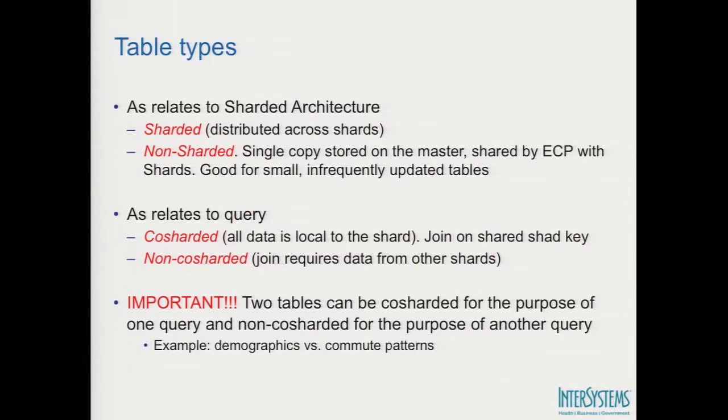In this case, the table would sit on the master and all the shards would reach to the table through ECP. It's actually a very good choice for some small and frequently updated tables, such as your reference tables. As it relates to the query, not to the sharded architecture, two tables can be co-sharded or non-co-sharded.